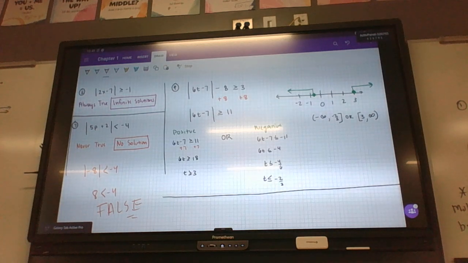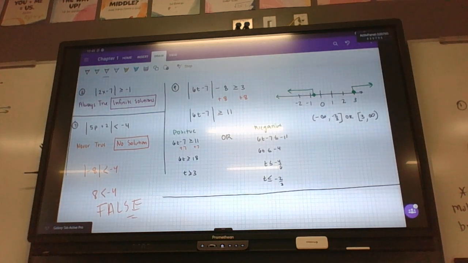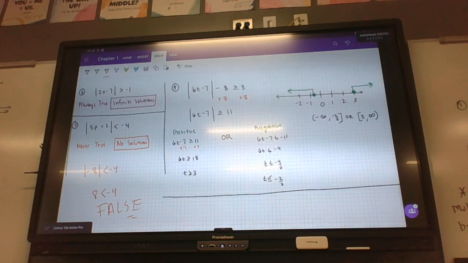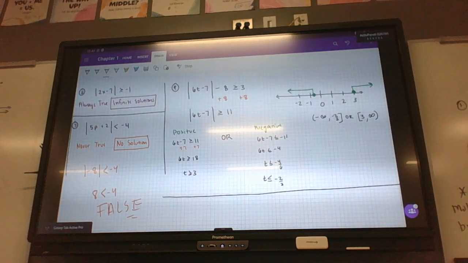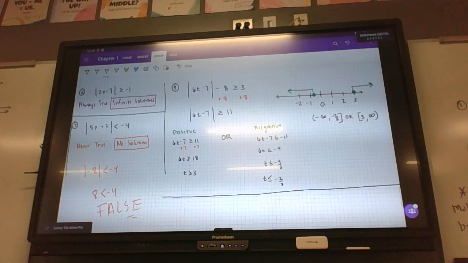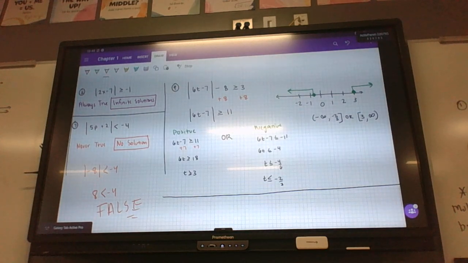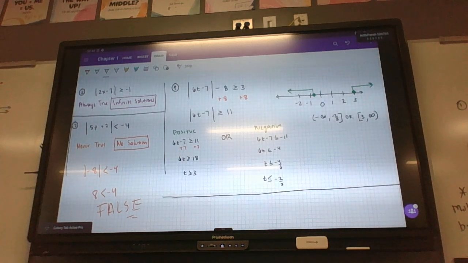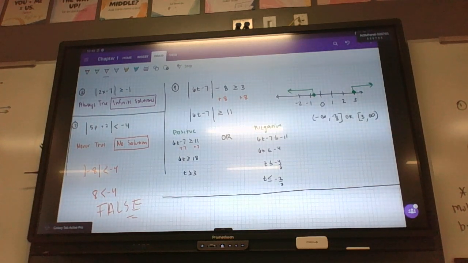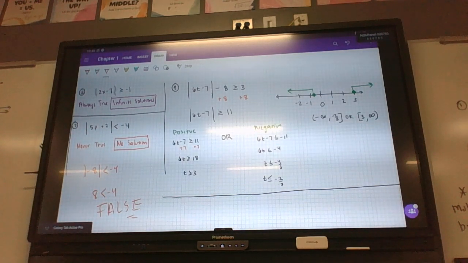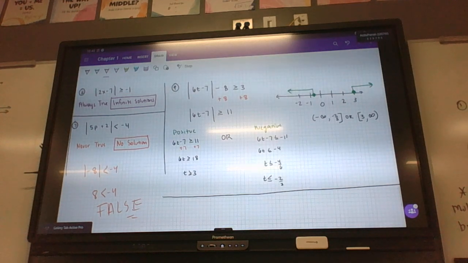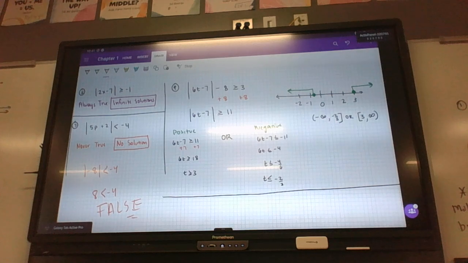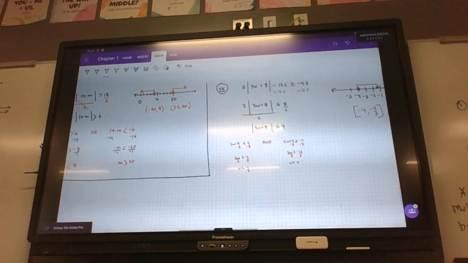Add it before you do the second. 11, same thing.